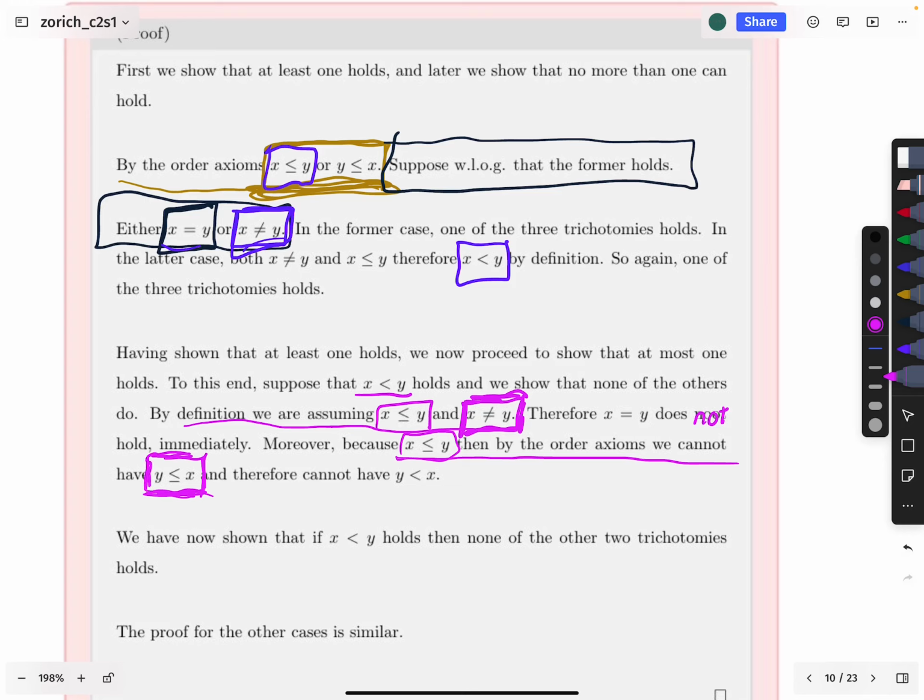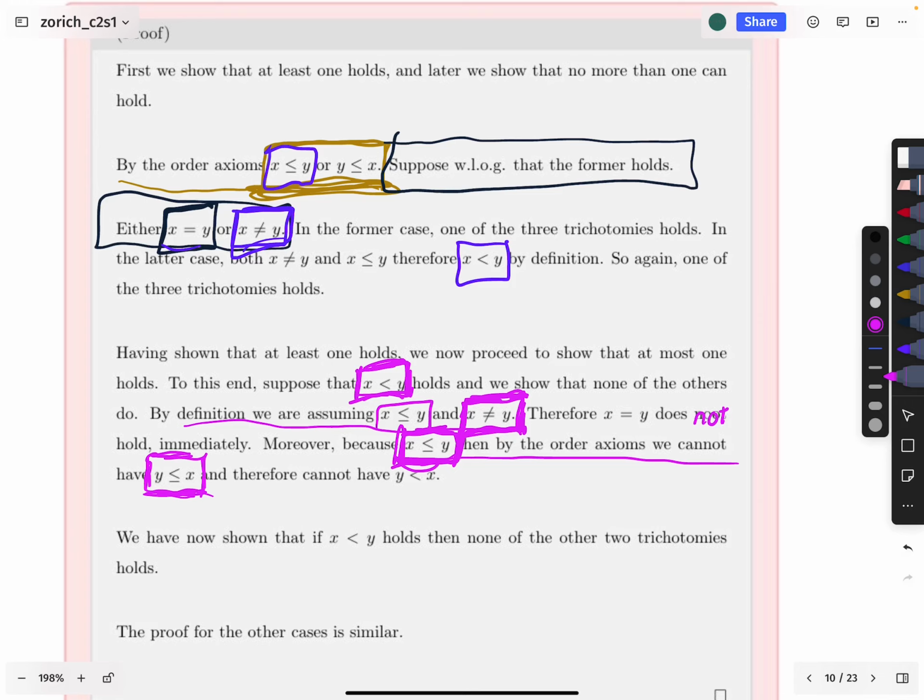So let's just imagine briefly that it were true. If it were true, then you'd have both of these. And we know by the order axiom that then x and y have to be equal. But this whole portion of the proof is assuming this right here, which gave us already that they are not equal. So that can't happen.